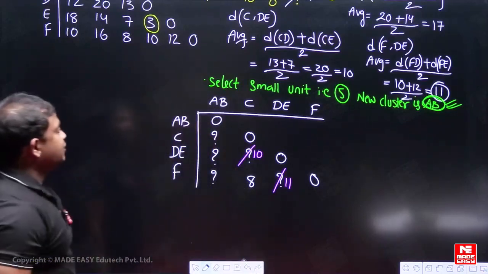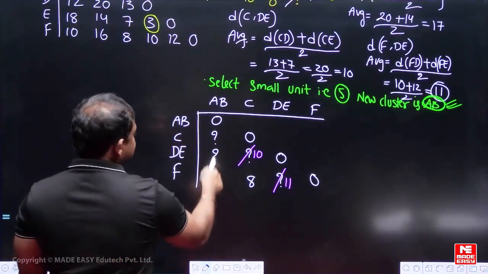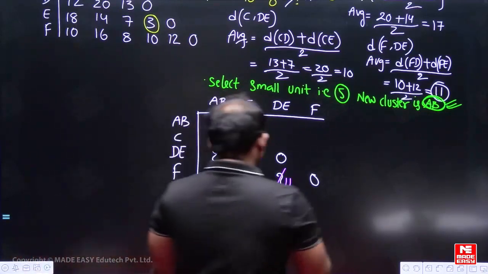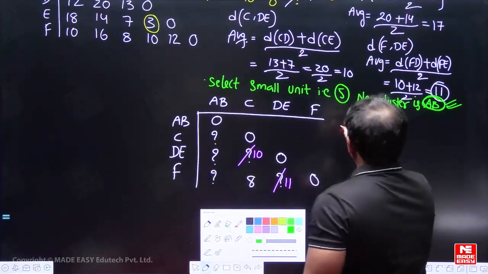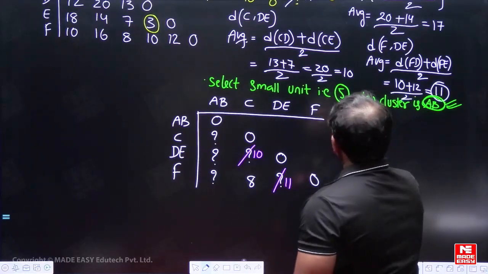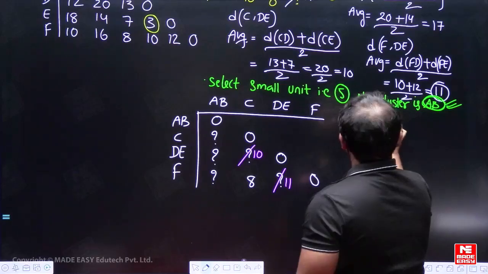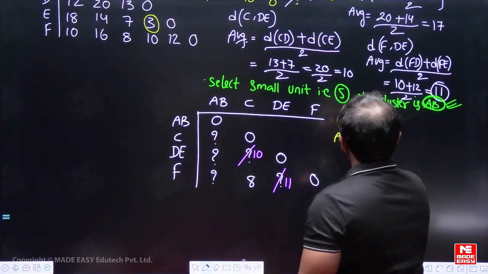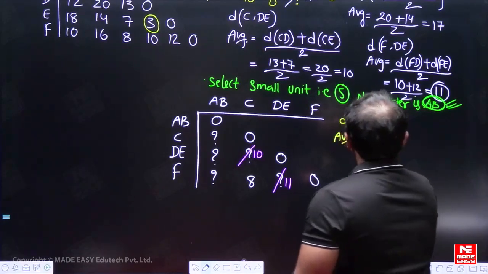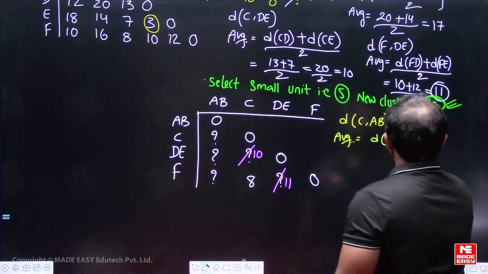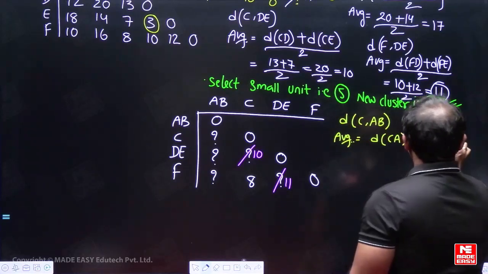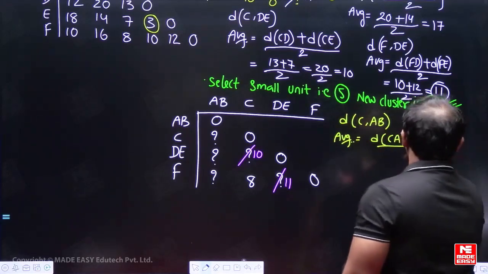Okay. So now what do we need to find out? We need to find out these values only. First, tell me the average distance of C and AB. Average is equal to distance of CA plus distance of CB divided by 2.